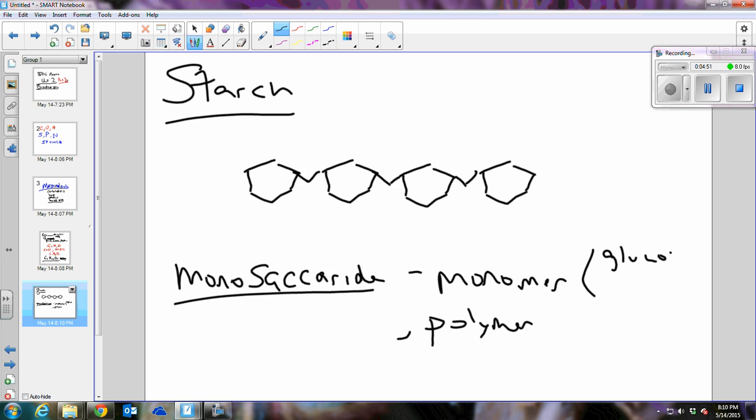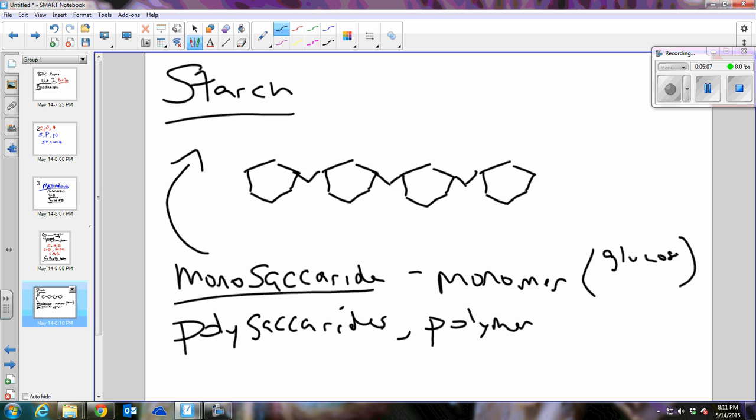Glucose, fructose is another example. The polymers of carbohydrates are called, of course, polysaccharides. What's an example of a polysaccharide? Well, starch, because there's lots of monomers. There's all these individual monomers here, right?